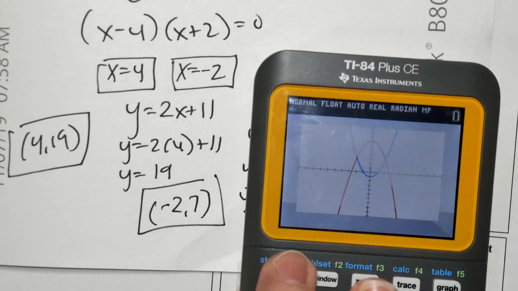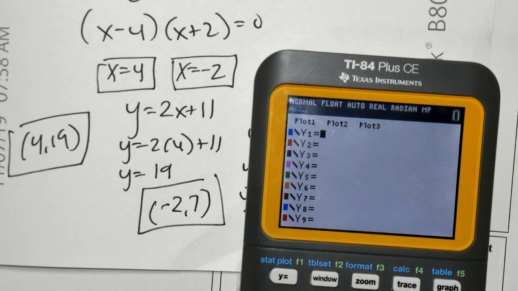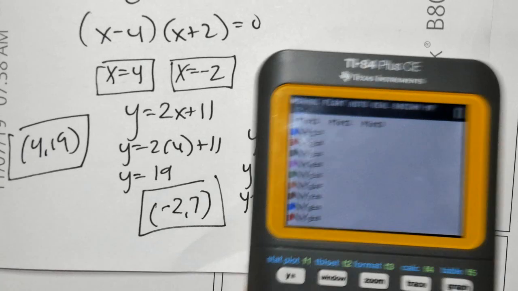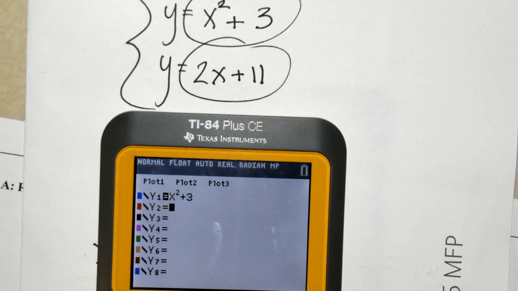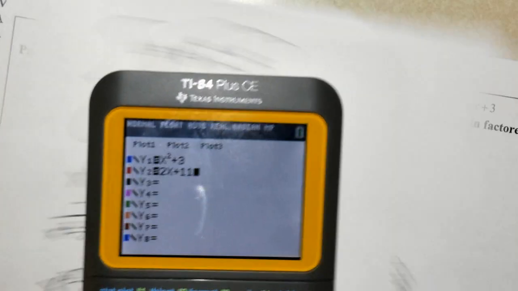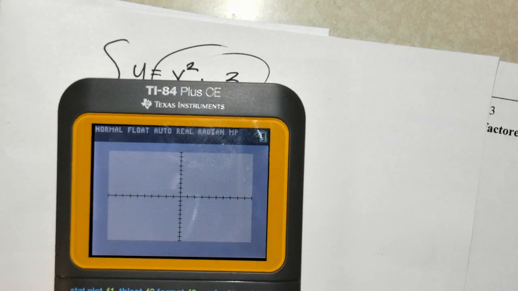Grab your graphing calculator, go to y equals, erase the previously inputted equations, and we're going to put in what we were provided. X squared plus 3, 2x plus 11. All right. So here's one problem.